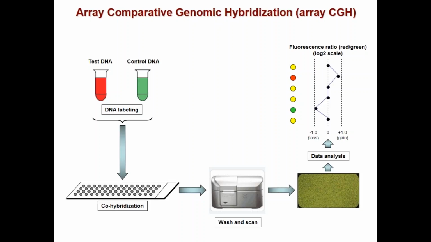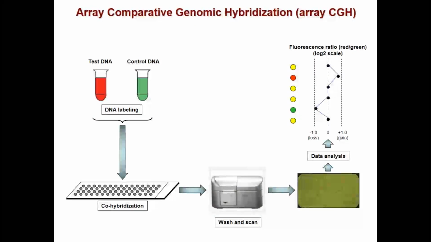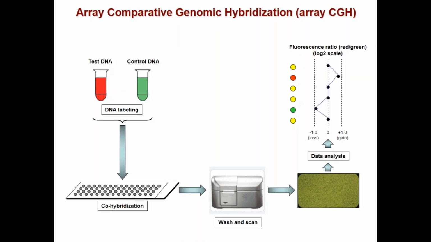So what will happen is your patient and your control DNA will compete with each other for the target. If they are present in equal amounts within that region, they will hybridize equally to that particular spot. Does this make sense? Let's say you have 100 oligos, all the same sequence within a certain spot.